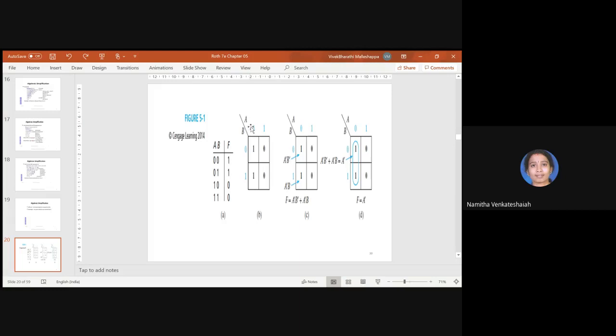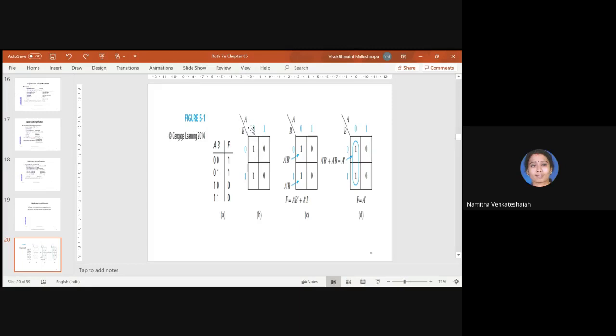The value of A will be 0 for this column and the value of A will be 1 for this column. Similarly, the value of B is 0 for this row and the value of B is 1 for this row. Are you understanding, students?